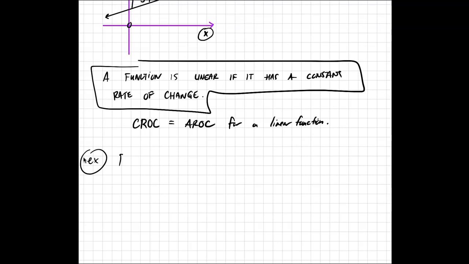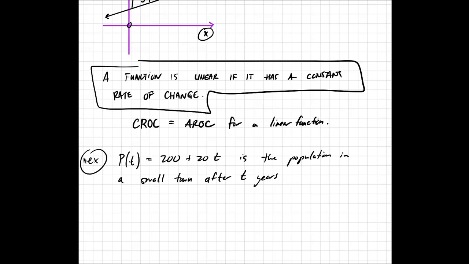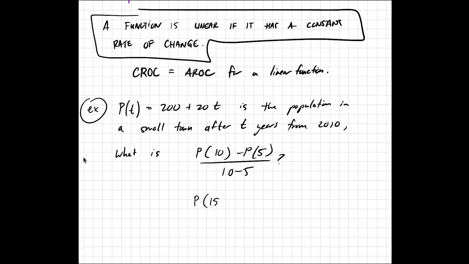Suppose P of t equals 200 plus 20t is the population in a small town t years after 2010. Let's compute the average rate of change from 5 years to 10 years, and then from 5 years to 15 years.